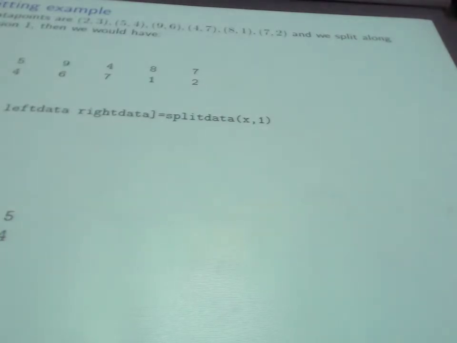Okay, so roughly half is on the left and half is on the right of 7. Okay. So I then copy that vector down, and that 7, 2 is my mid data point. And the values on the left are, in this case the x values are 2, 5 and 4 on the left, and the remaining ones go on the right.